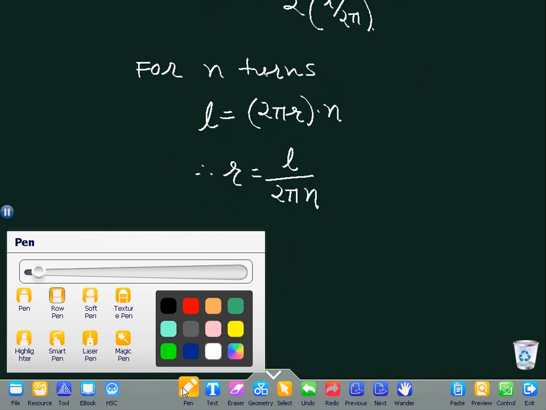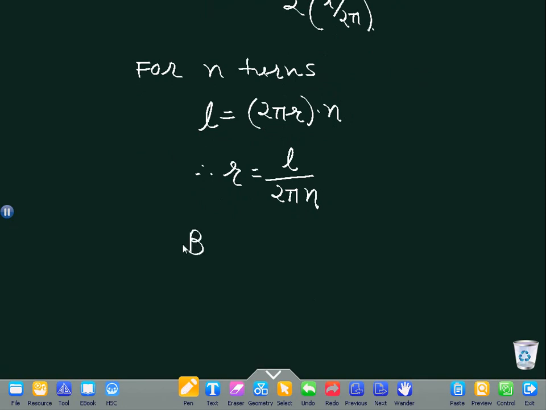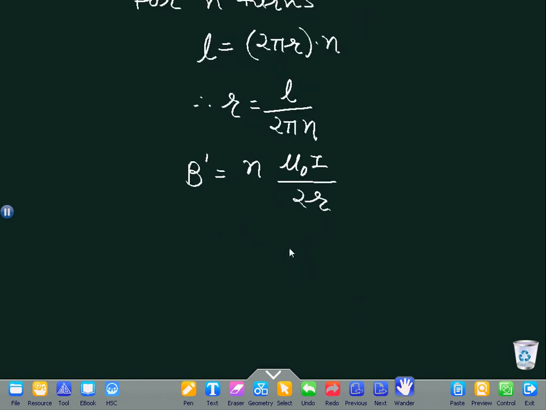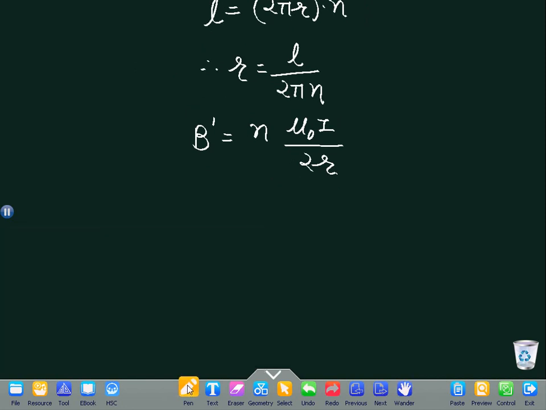Now the equation of magnetic field is n times mu naught I upon 2r, because there are n turns. So B dash is equal to n times mu naught I upon 2r, and we have the value of r. So put here n mu naught I upon 2 times L upon 2 pi n.